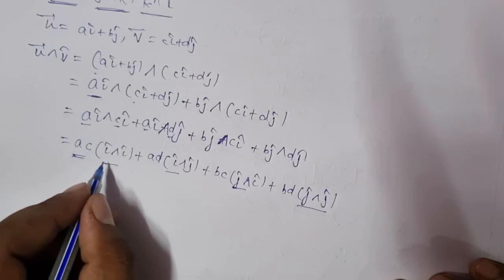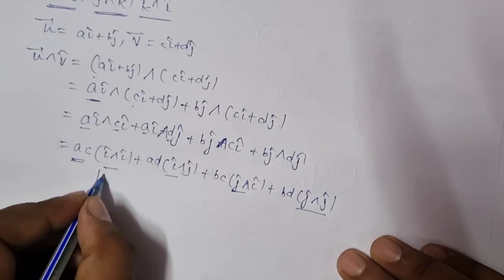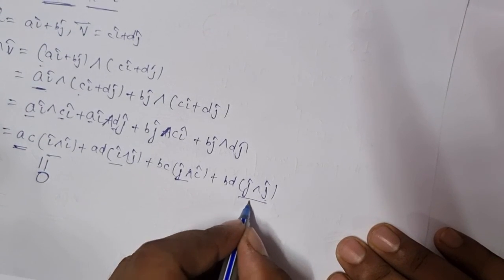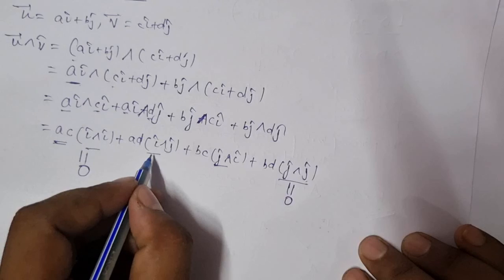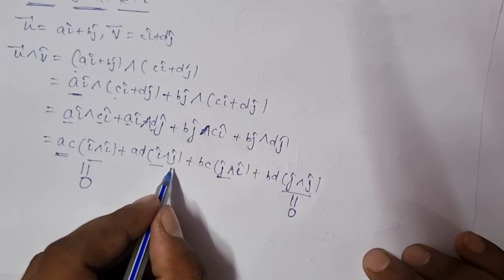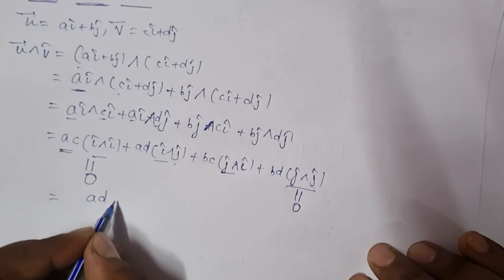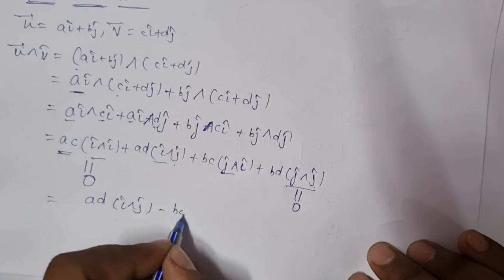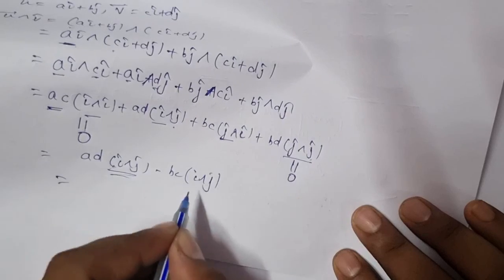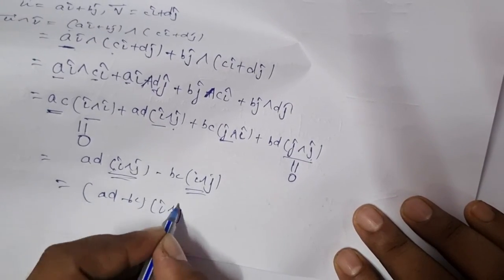These are the same vectors, so the area of the parallelogram will be 0, so this term will be 0, and also here we have j wedge j, so that area will also be 0. We are left with two terms, i wedge j and j wedge i. We know that i wedge j is the negative of j wedge i, so we can write ad (i wedge j) minus bc (i wedge j). Taking this term common, the result will be (ad minus bc) i wedge j.